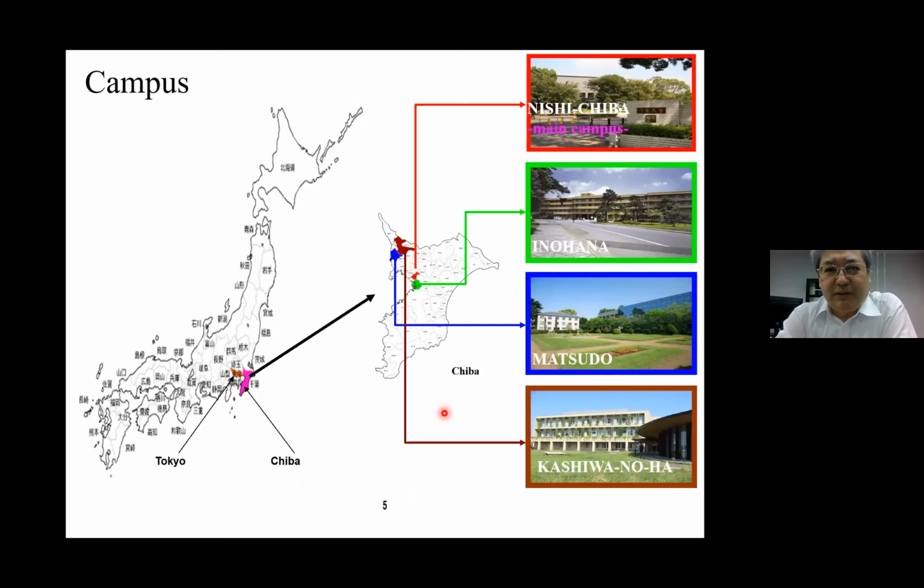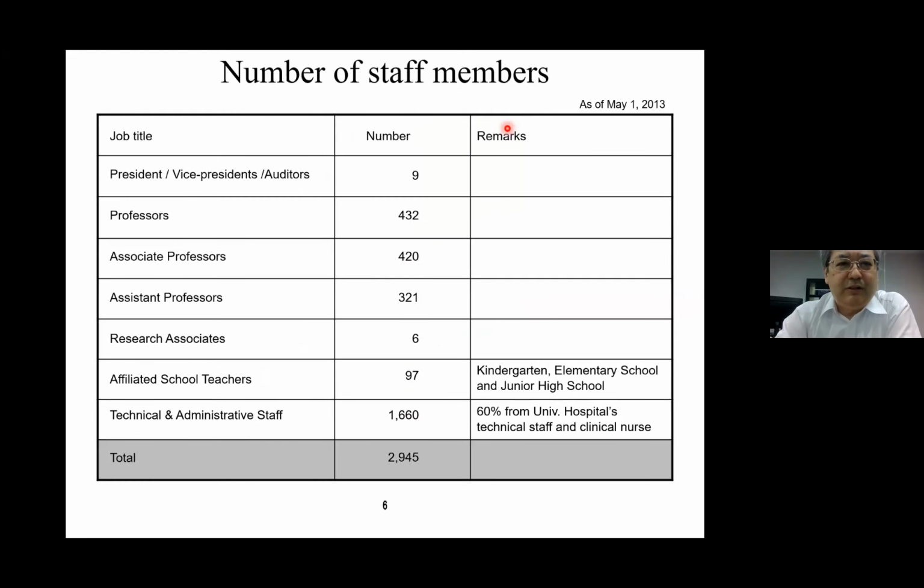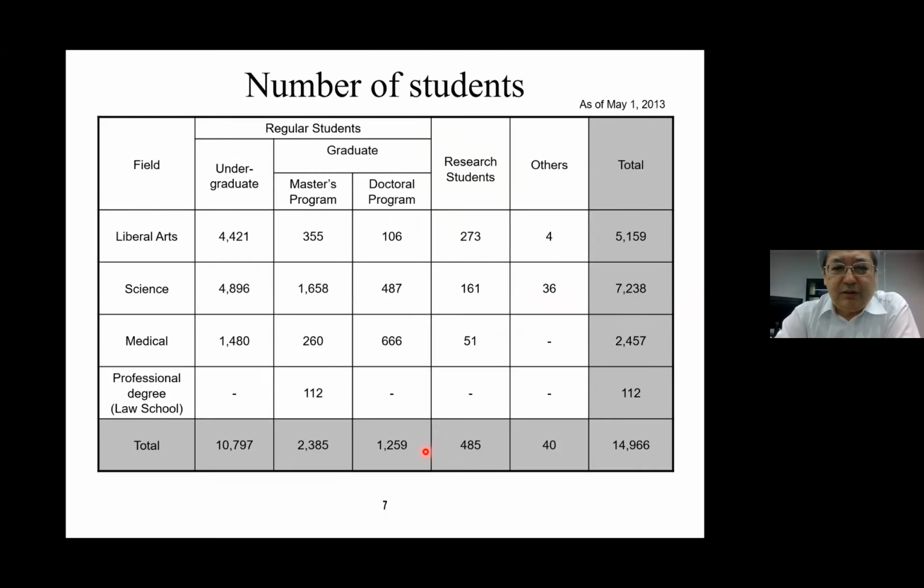We have 4 campuses. Our main campus is the top one, Nishichiba campus, which Yudi-san visited in our lab. This is the number of faculty members. We have about 3,000 staff, teachers, and some technical staff. And the number of students is about 15,000, including graduate and undergraduate students.